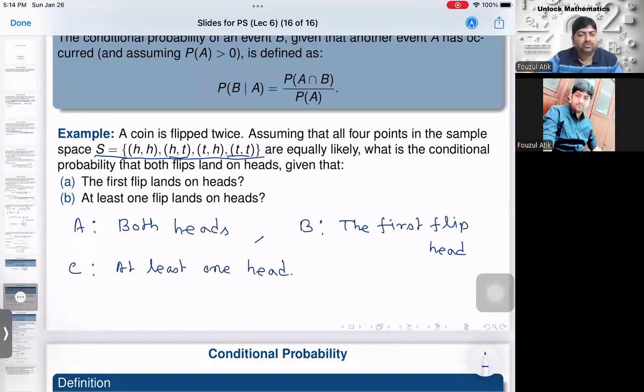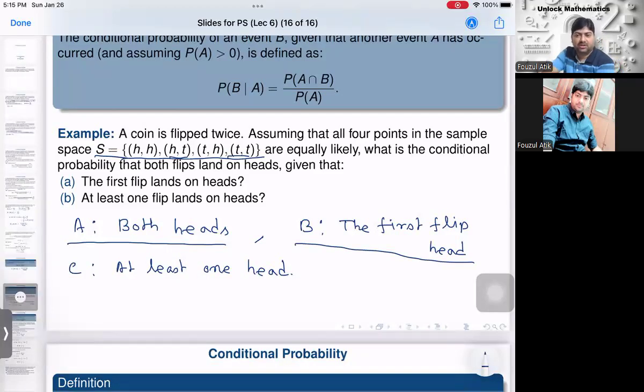Now, what you have to do, try to think what is the question: what is the conditional probability that both flips land on head. So we have to find the probability of this event, provided that the first flip lands on head. That means B has already occurred.